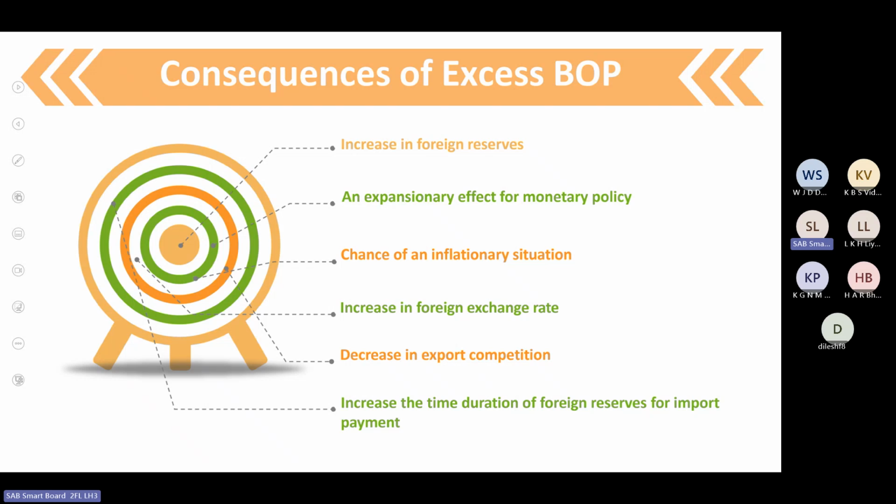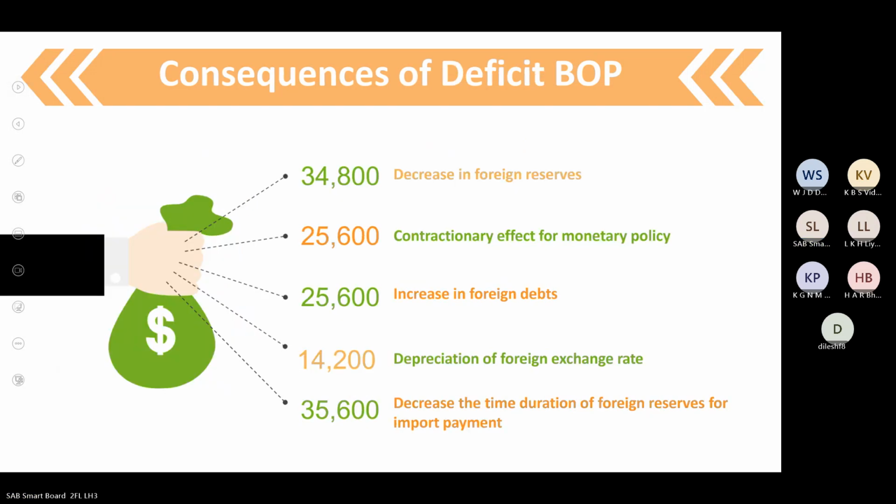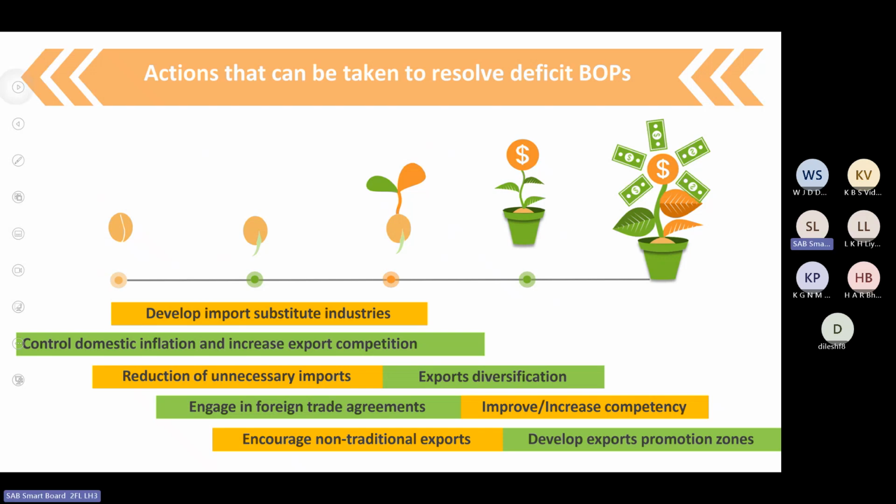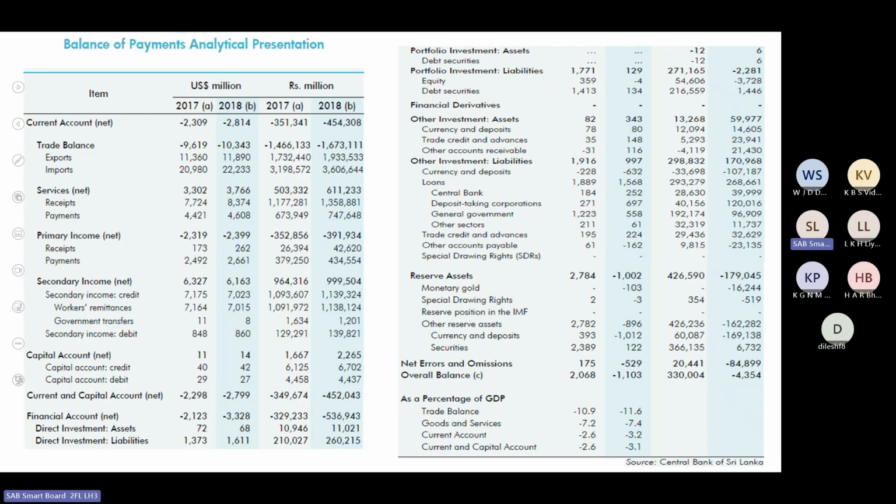So there we have discussed, I have given you different consequences of excess balance of payment account and the deficit of balance of payment account, and figures. Right, this is an example of the balance of payment account in Sri Lanka. Can you have a look?